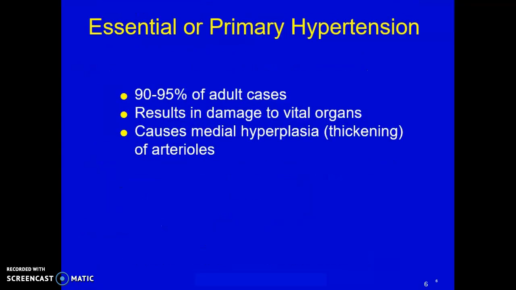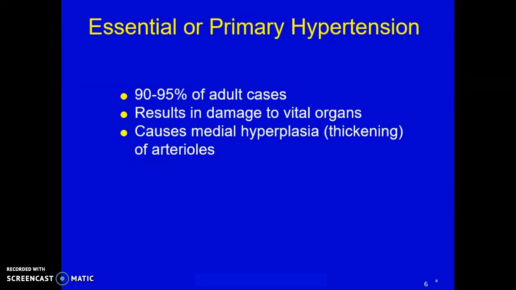So you're going to see terms that talk about essential or primary hypertension, meaning that the cause of someone having hypertension is really resultant from the condition of arteriosclerosis and atherosclerosis, meaning that it's coming from the vessels or this hyperplasia and thickening that is present.